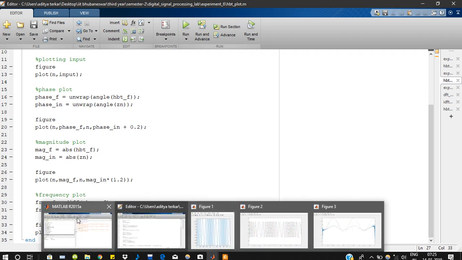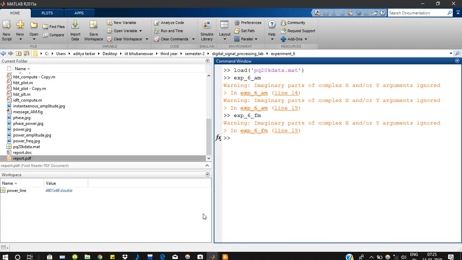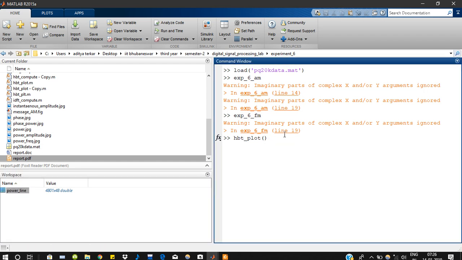So let's see if we are able to perform. The name is HBT plot, and my signal is the power line signal here. I'm giving one row of it.